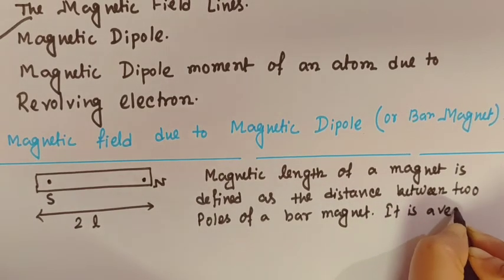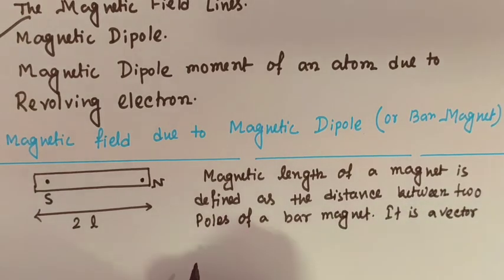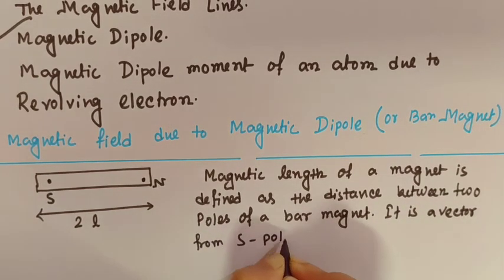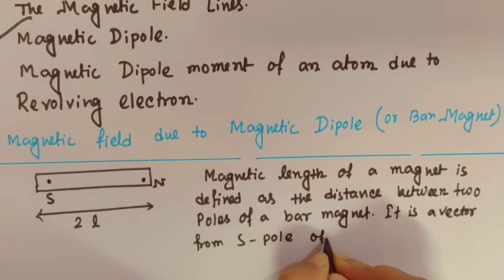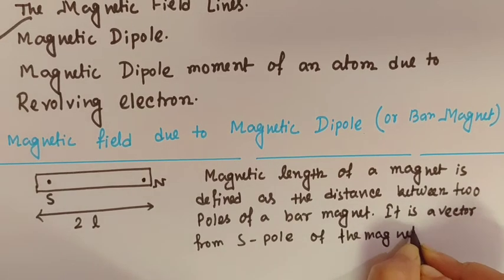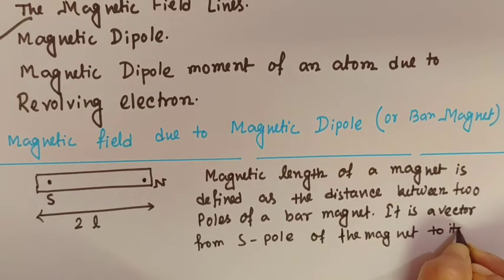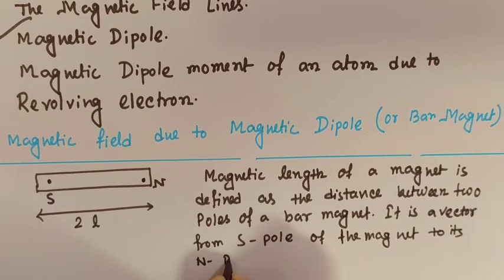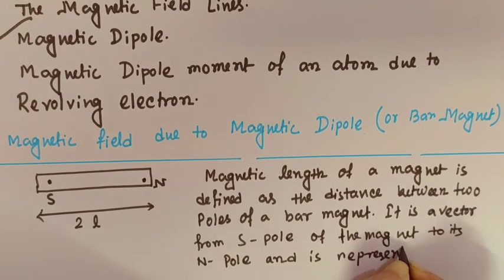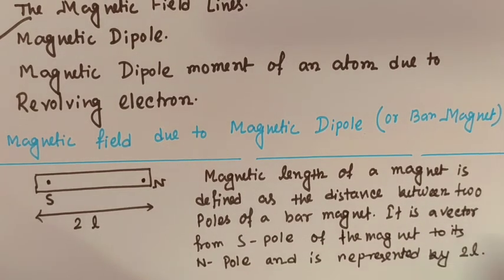It is a vector from the S pole of the magnet to its N pole and is represented by 2L.